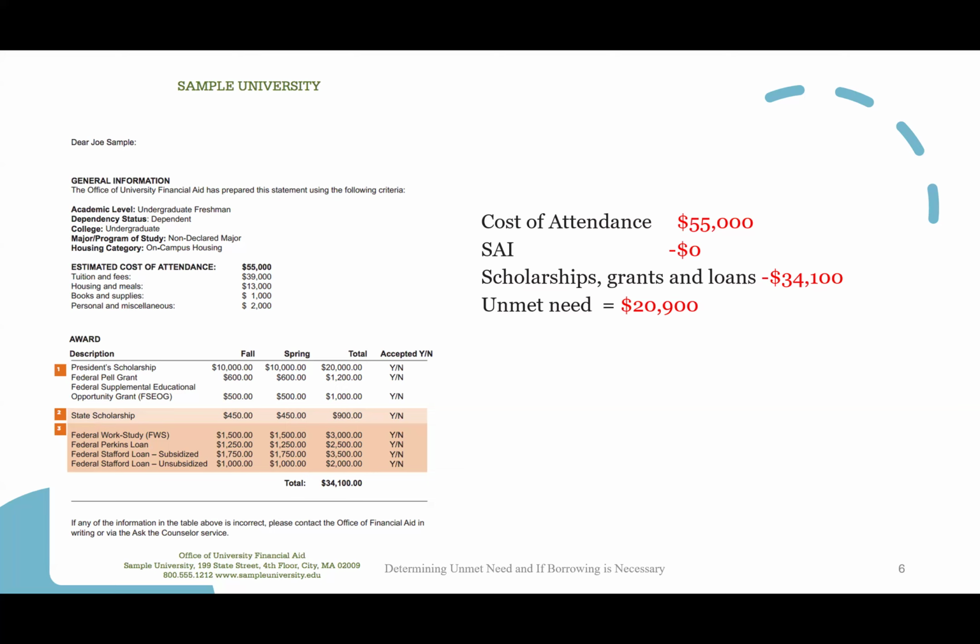Basically we are taking this equation: 55,000 minus 0, and then we also are subtracting that 34,100. We're left over with $20,900 in the student's unmet need. So this is an example of how you would calculate and determine your unmet need.